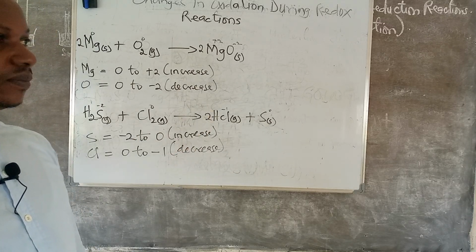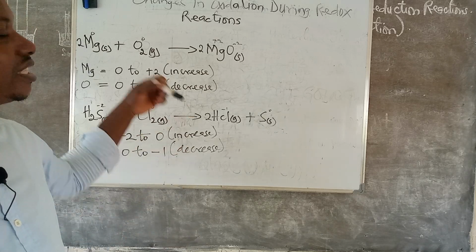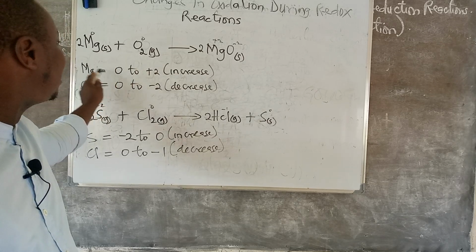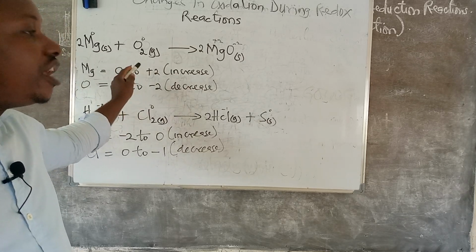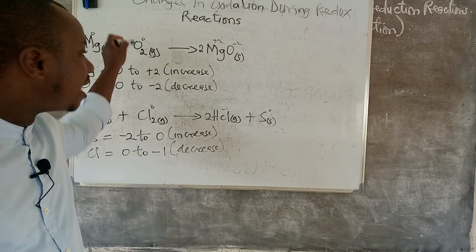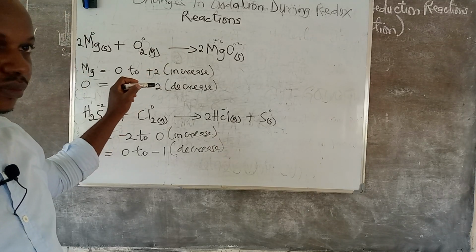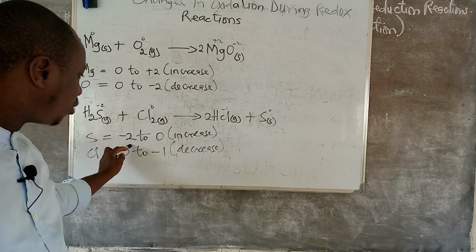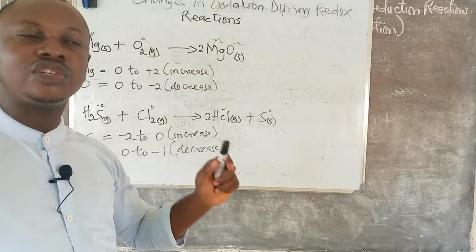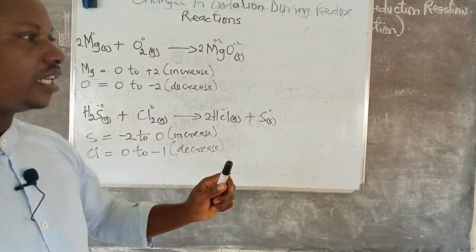So clearly, remember I said that oxidation number is used to determine whether a reaction is redox. Since there are changes in the oxidation number of the respective species here, the first one is a redox reaction. The same thing with this one, it is a redox reaction. But had there been no change in the oxidation number of the respective species, it is not redox.